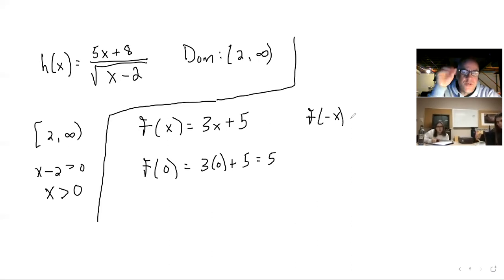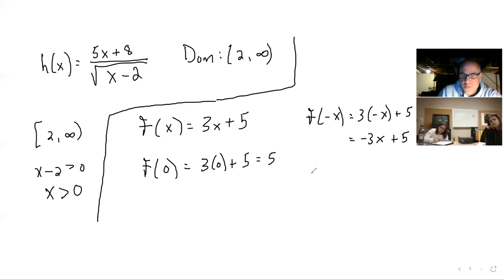And so here you have to input negative x everywhere I see x. So that would be in this case 3 times the opposite of x plus 5. And then simplify as much as you can. The only thing I could really do is call this negative 3x plus 5. And I'm done.